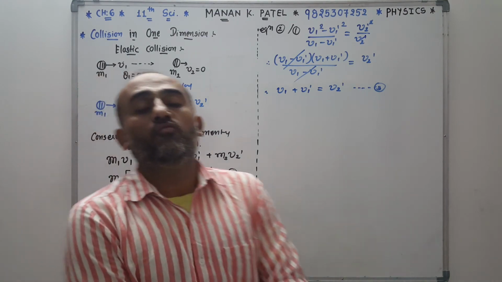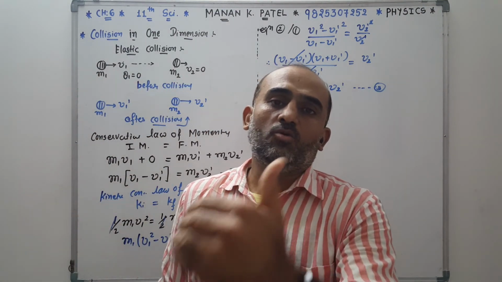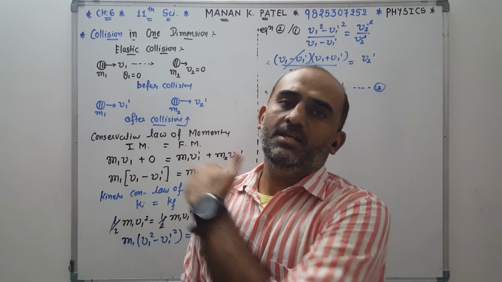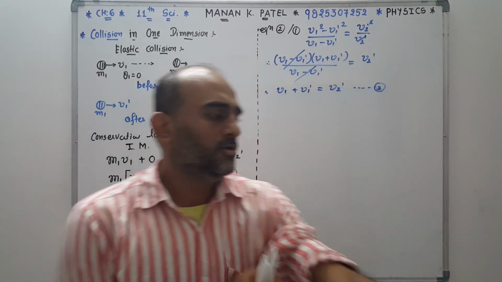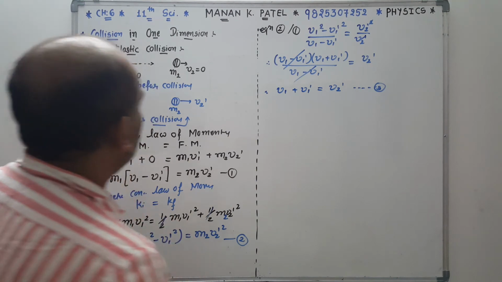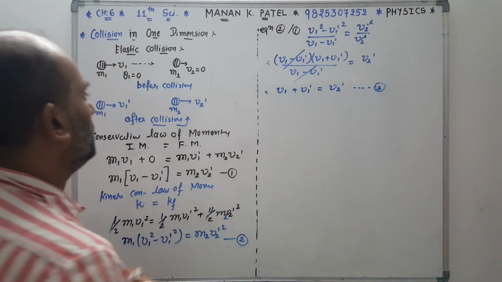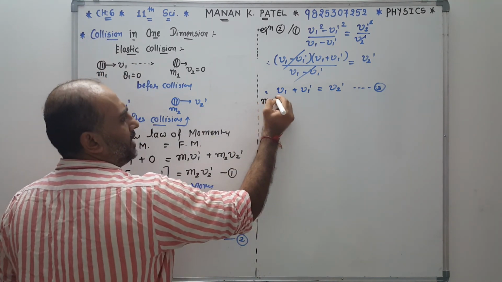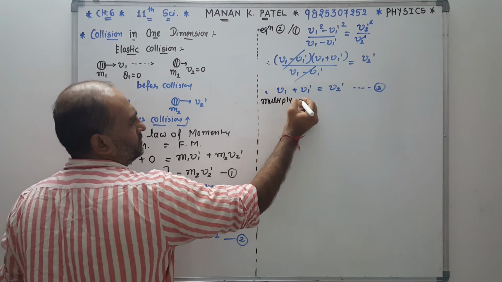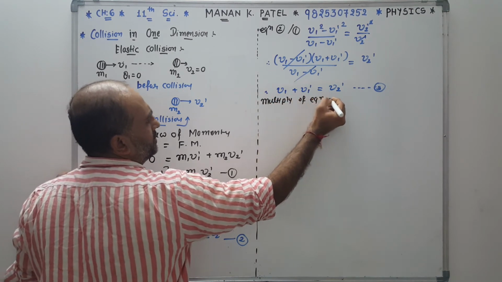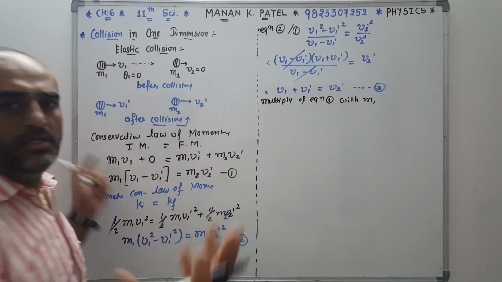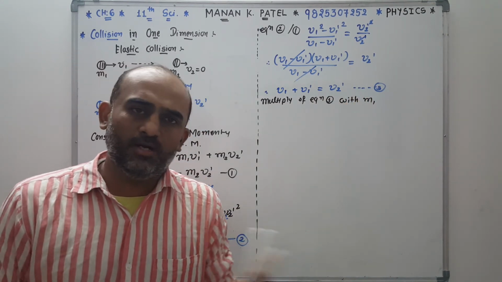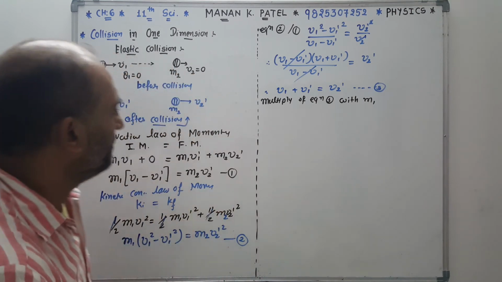We have to find the velocity after the collision in elastic condition. So start with equation number 3 and multiply it with m1; the choice is in your hand, or you can multiply by m2.